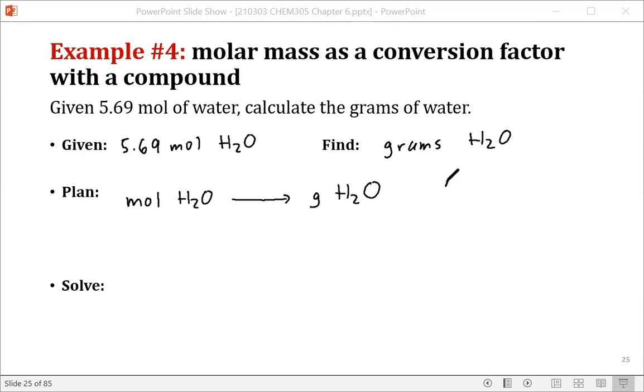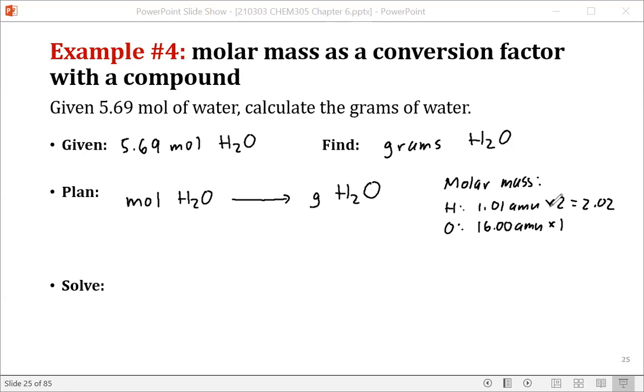So let's calculate our molar mass of water. So we have hydrogen. Its mass is 1.01 AMU, and we have 2 of those, equals 2.02. We have oxygen. Its atomic mass is 16 AMUs.